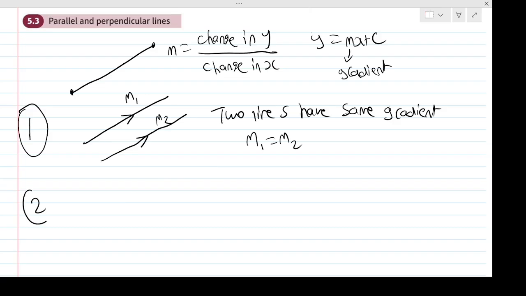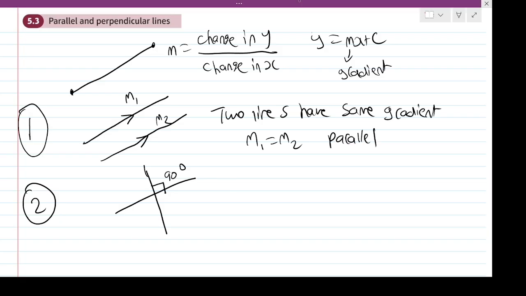Well then we have the second case where they do intersect, but what happens when they intersect at a right angle? That means they form a 90-degree angle. We call this perpendicular. So that means the two lines are perpendicular.